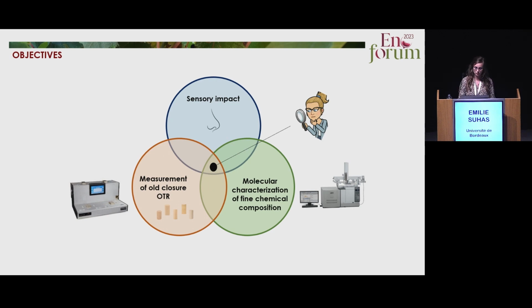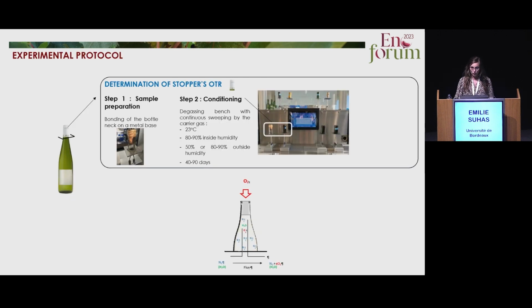Our goal as part of my project was to bring together all these measurements of the OTR after several years of storage and the various molecular markers and their sensory impact. Now, in order to do that, we worked on bottles that had aged, that we sourced.